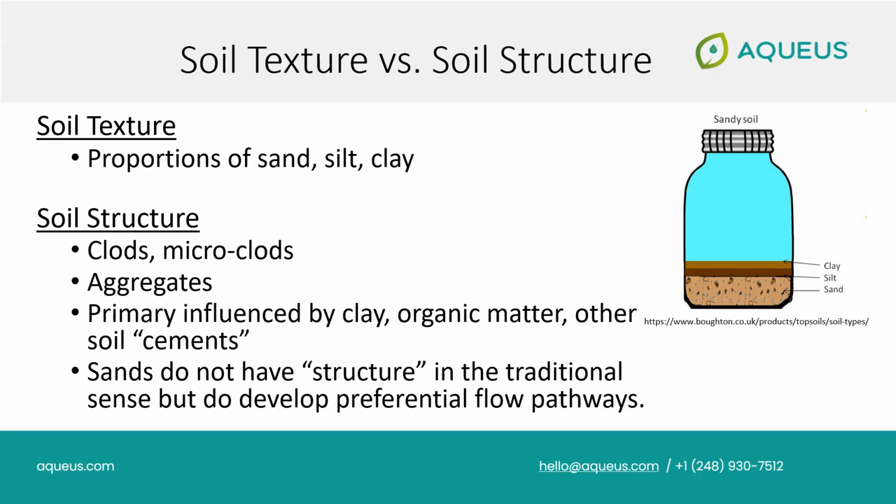So if we look at soil texture versus structure, soil texture is simply the proportions of sand, silt, and clay. If we were to put that in a sedimentation jar and see how the sand settles out and the silt settles out, and I really don't like this part where it says clay, because a lot of times the clay doesn't even settle out. It stays in suspension.